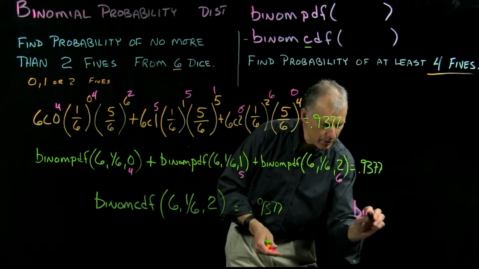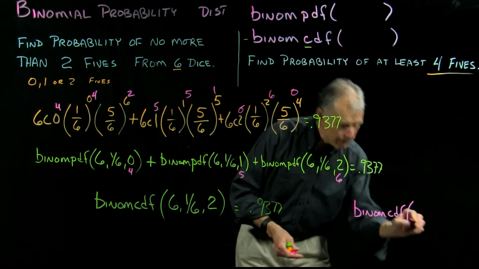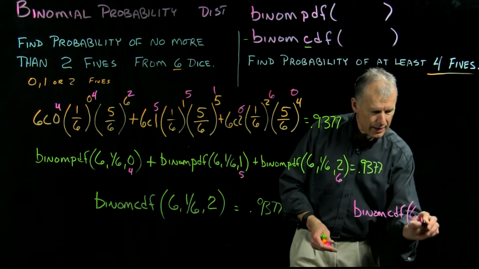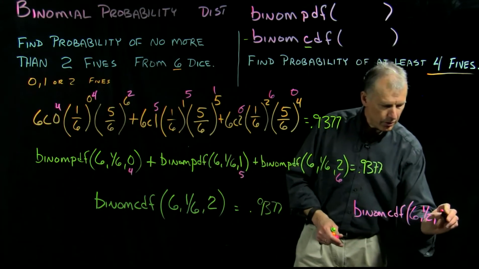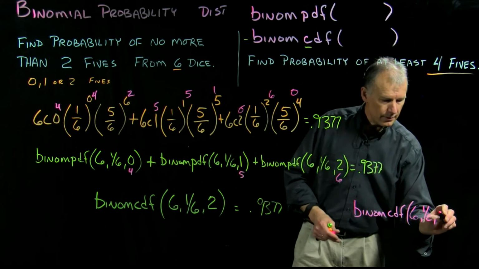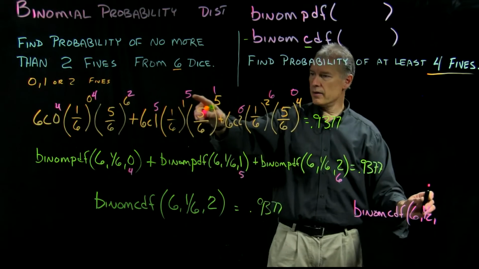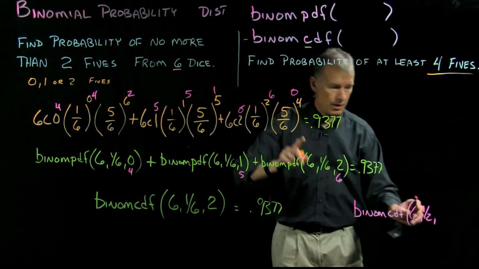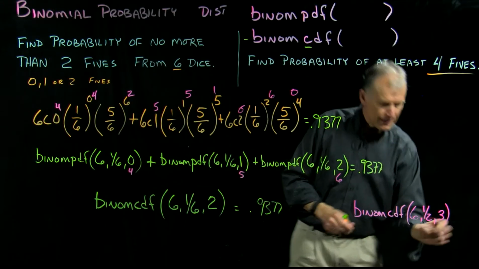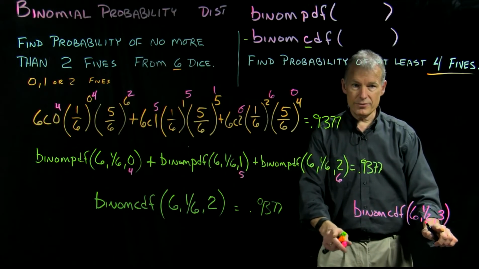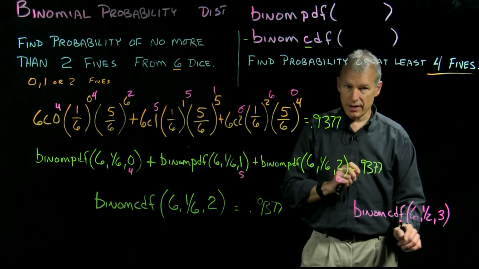This would be the binomial CDF. We have 6 dice. The probability is 1/2. And now this is the tricky part. I want 4, 5, and 6, so what I'm going to actually calculate is 3. This is the probability from 0 to 3, not including 4, 5, and 6, okay?